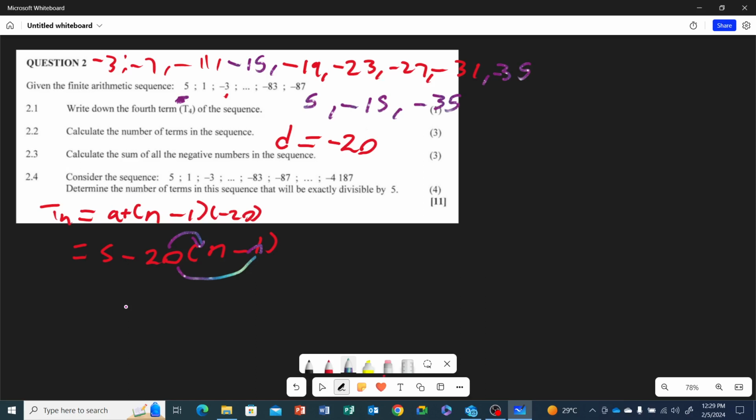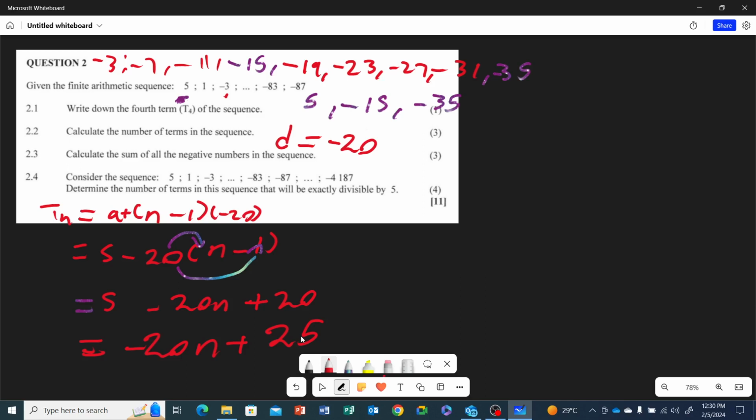So positive 20 plus 5. So the final simplification of this expression is negative 20n plus 25. Now this is the final equation.